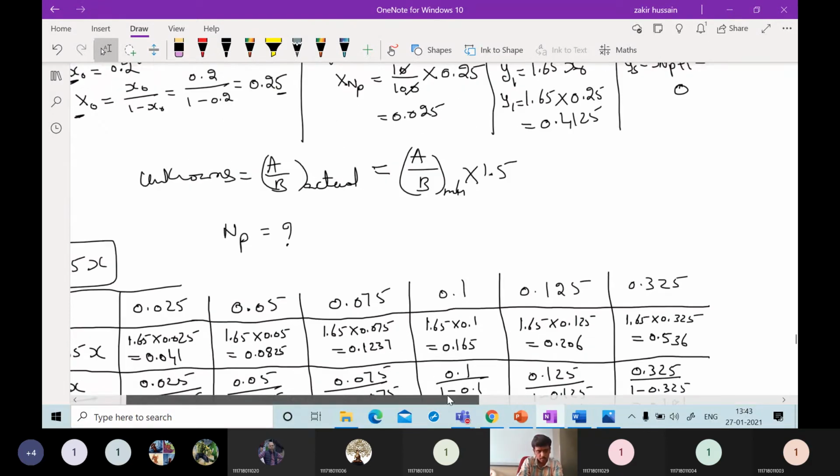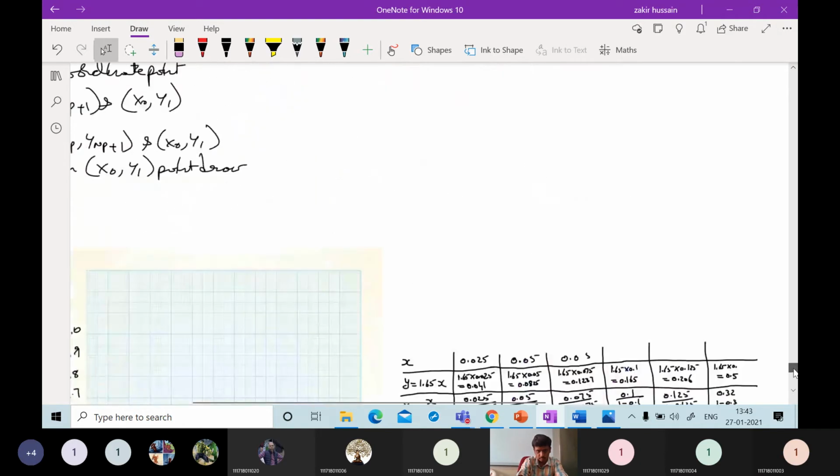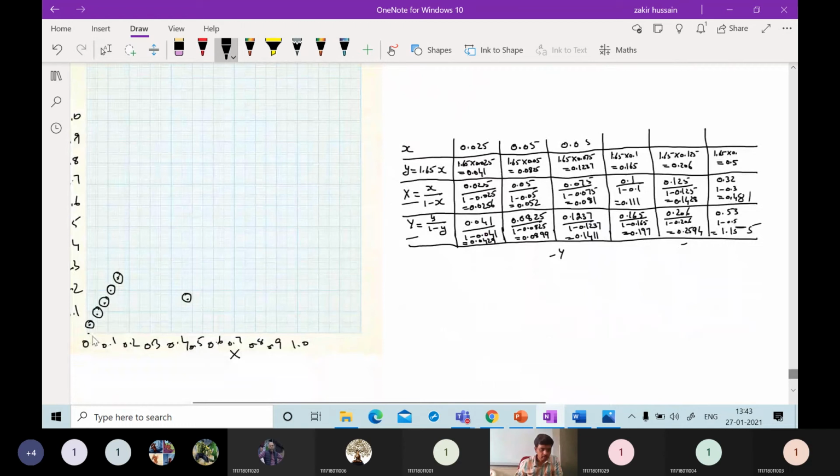Okay, anyway, we will continue. Then you have to connect these points smoothly.